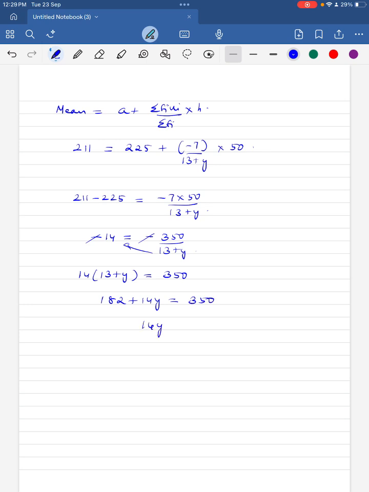So the value of 14y is 350 minus 182, which is 168. So 14y is equal to 168, or the value of y is equal to 168 divided by 14, which is equal to 12. So the missing frequency here is 12.